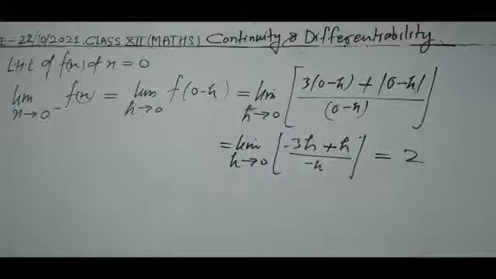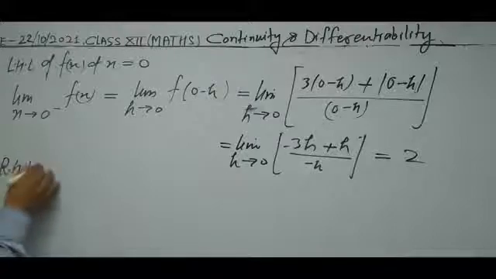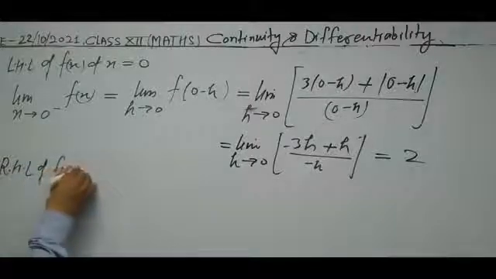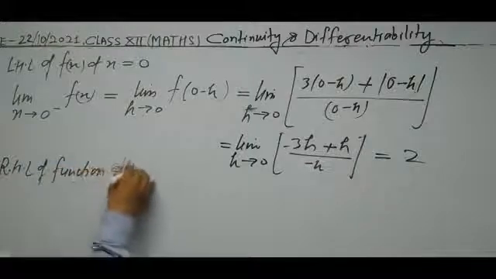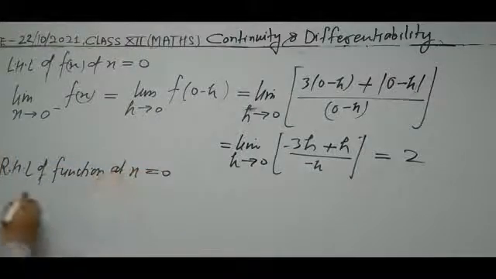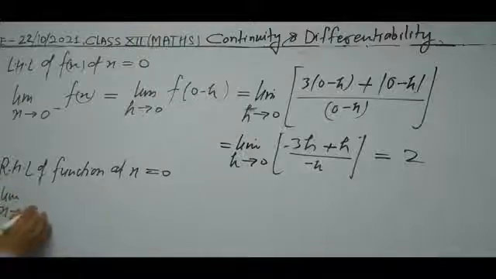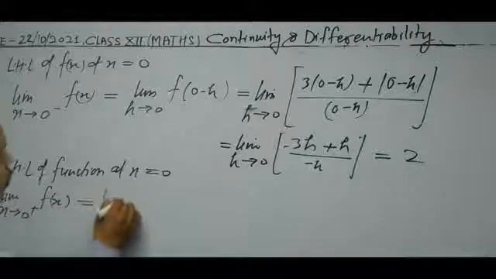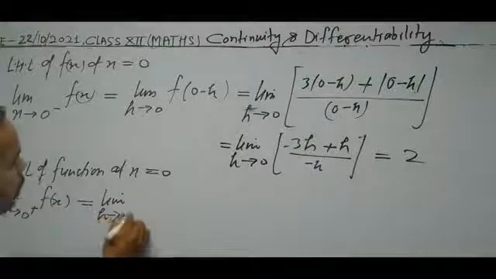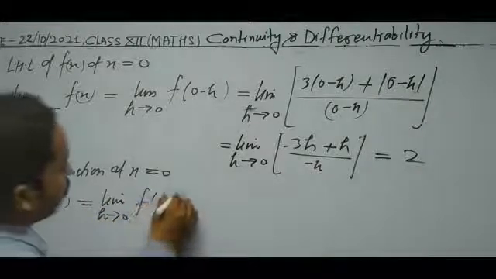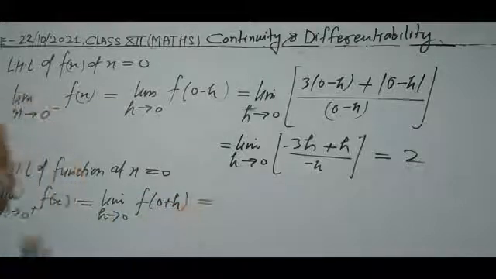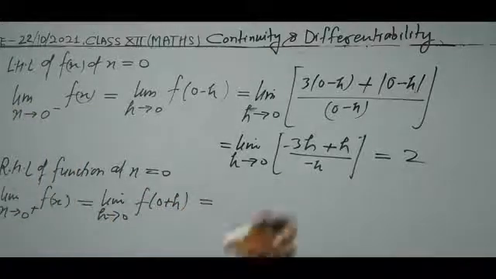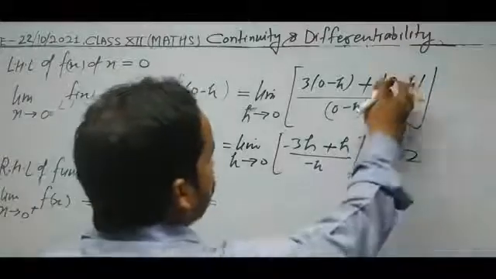Now I will calculate the RHL of the function at x = 0. So we can write limit x tends to 0 plus f(x) is equal to limit h tends to 0 of f(0 + h). You know this is the modulus function for x greater than 0, so this value is positive.